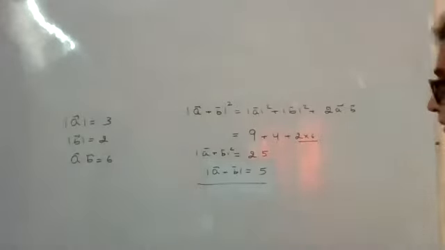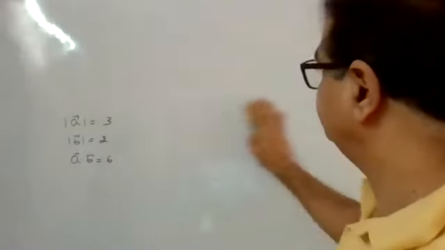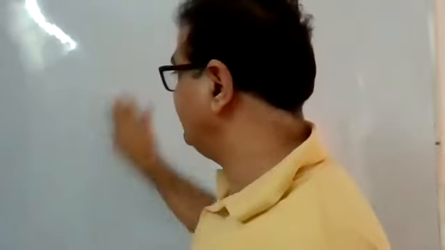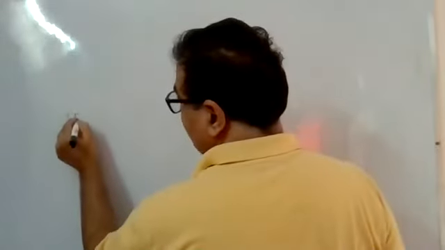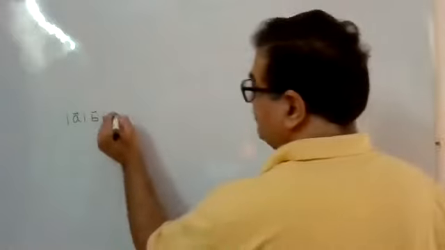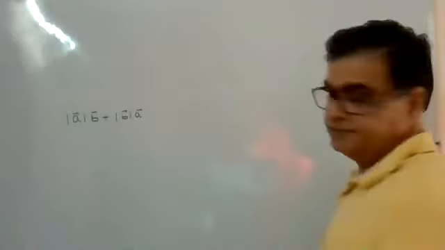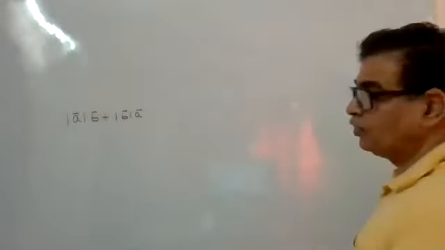Two vectors A and B, then prove that magnitude of vector A times vector B plus magnitude of B vector times A vector is orthogonal.